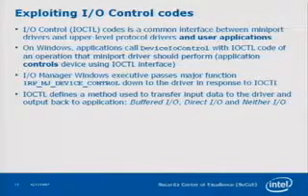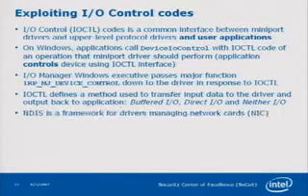The methods are buffered IO, direct IO, and neither IO. The vulnerabilities may be common to all of these data transfer methods, but may also differ significantly from one method to another. NDIS is a framework for drivers managing network cards, basically for network drivers.